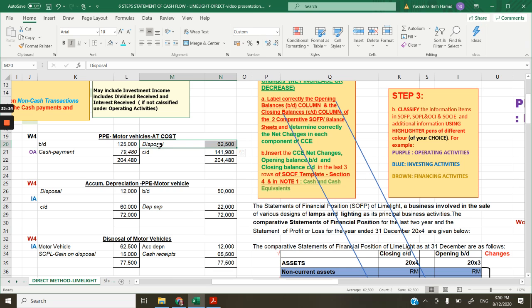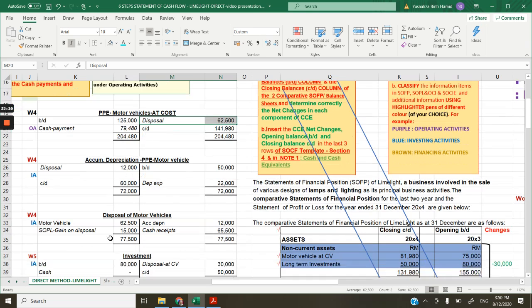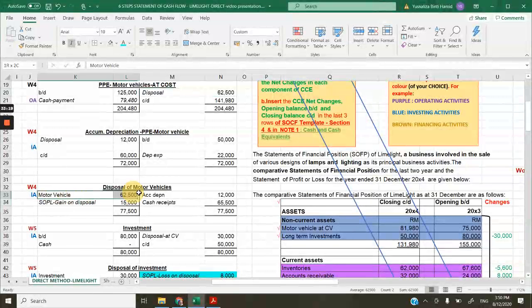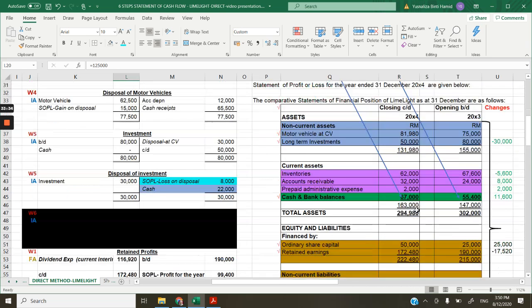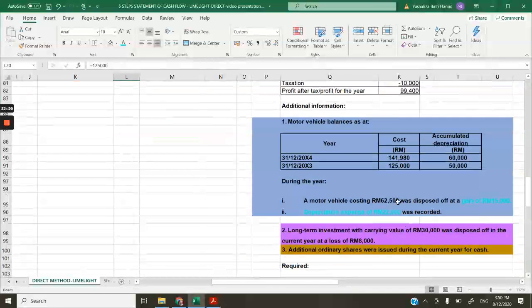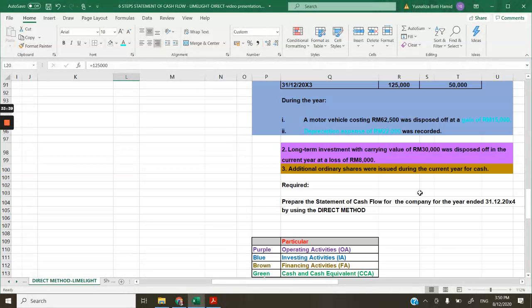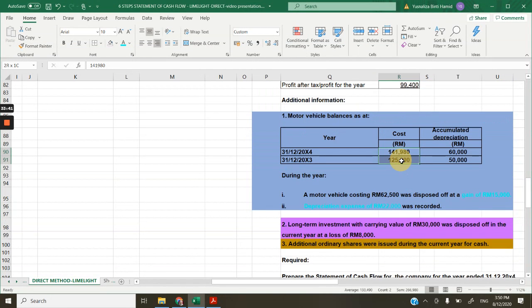So when you de-recognize, you need to go and credit, and that is being debited here, right? Debited to the disposal account, or you can just maintain everything in one account, motor vehicle, and you put that at carrying value. But my motor vehicle here is at cost, so I put the balance. I took the balance from the information here, which is at cost here. This to balance, beginning 125, ending 141,980.